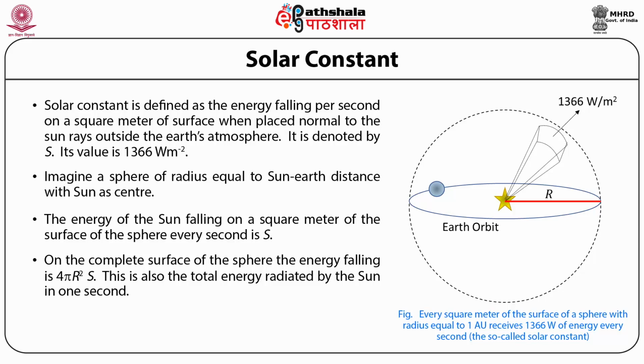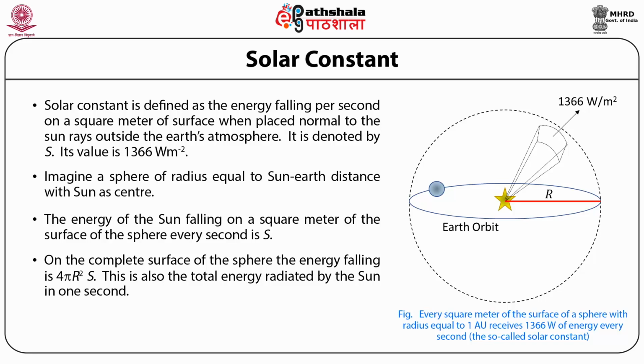Luminosity of the Sun or the luminosity of a star is defined as the total radiation emitted by it in 1 second. A simple method, as we can see in the given figure, is to imagine a sphere of radius equal to the Sun-Earth distance, and multiply the energy received per square meter per second by the surface of this sphere.